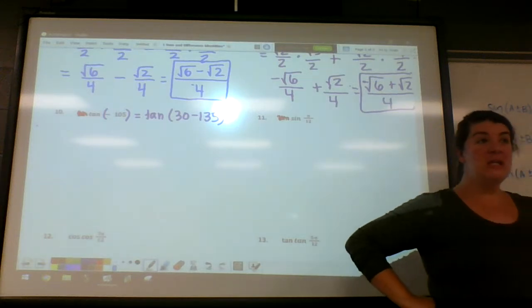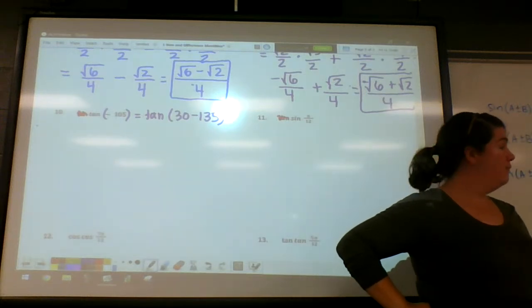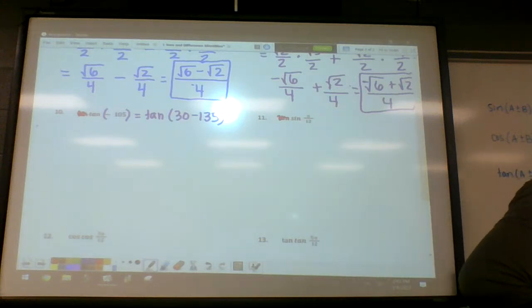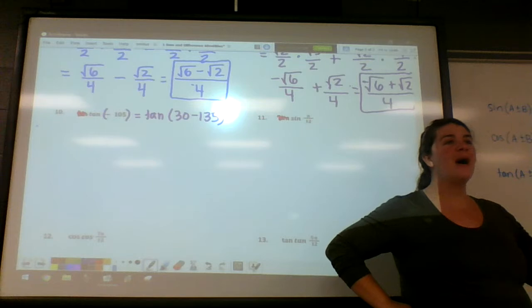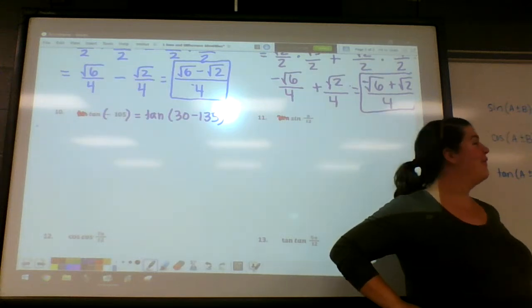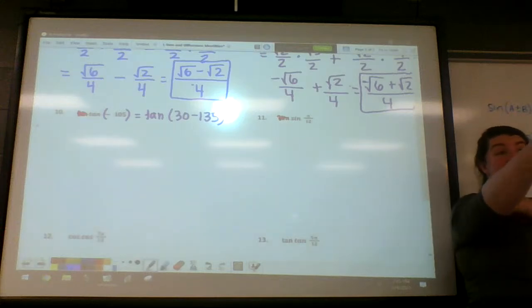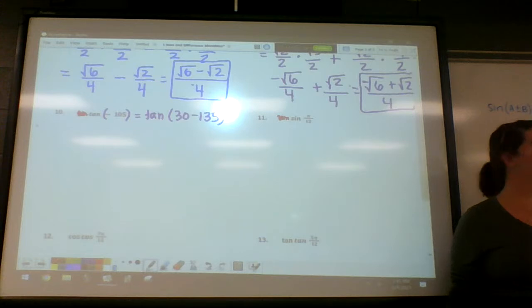Other options? Oh, super close. Not 150 minus 45 because that's a positive, right? But throw it in reverse. 45 minus 150. By the way, that's the one that jumped out in my mind. 45 minus 150, so that's another one.